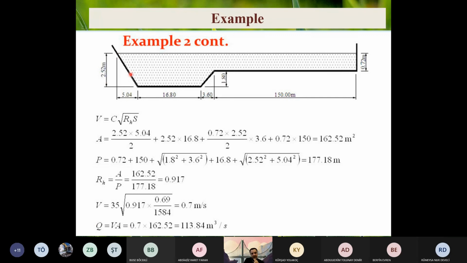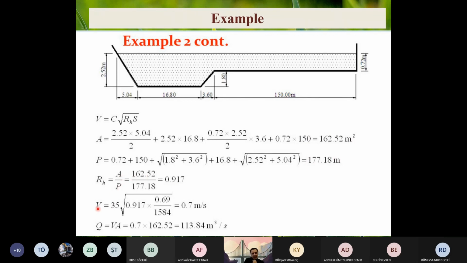You see from here to here to here to here and to here. You should add all these lengths to calculate the wetted perimeter, and I already calculated it equals 177.18 meters.